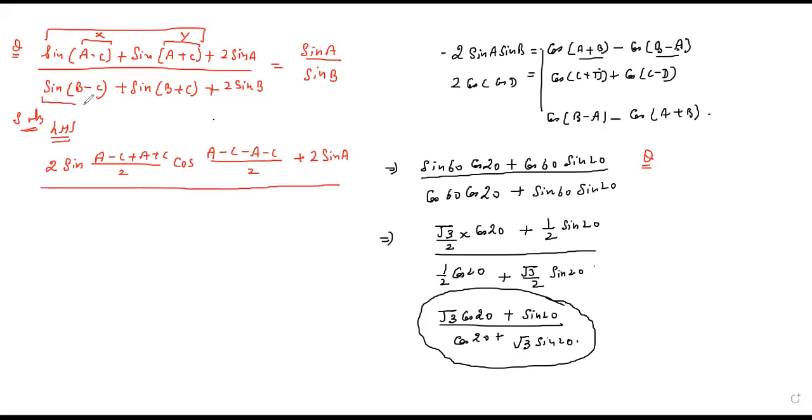Now see, sin C plus sin D, the same formula, 2 sin (this plus this by 2) cos.